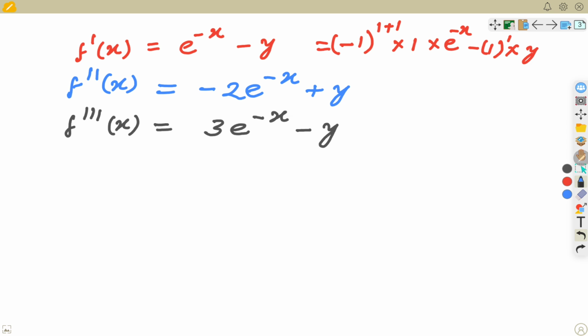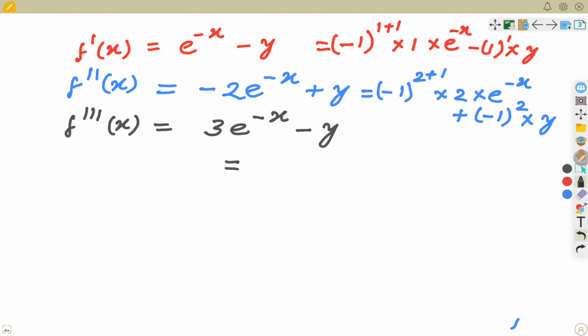For the second derivative, we can write minus 1 to the power 2 plus 1, into 2, into e to the power minus x, plus minus 1 raised to the power 2 multiplied by y.